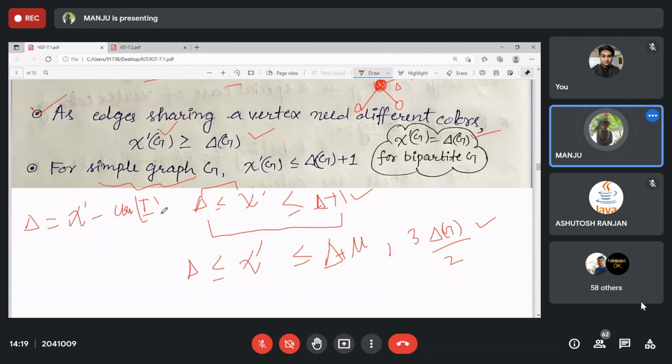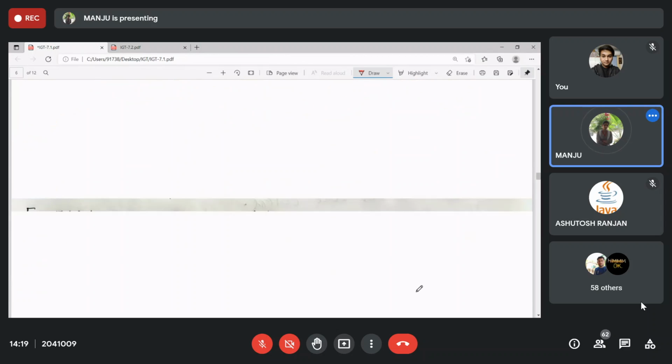And class 2 is when the chromatic index is exactly delta plus 1. These are known as class 2. Odd cycles form class 2 graphs. Also the Petersen graph forms class 2, and many other graphs. Clear?